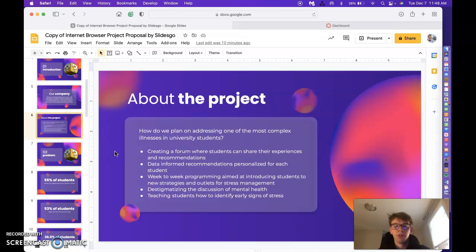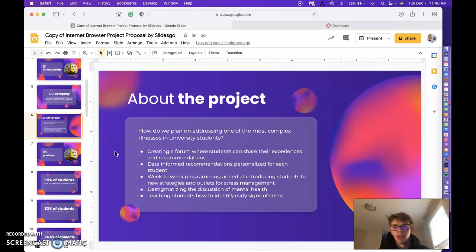So how we plan on addressing one of the most complex illnesses in university students and basically the entire US population is by creating a forum where students can share their experiences and recommendations, data-informed recommendations personalized for each student, so creating a user profile and basing our stress relief recommendations off of those, week-to-week programming aimed at introducing students to new strategies and outlets for stress management, getting them in the Miami community, introducing them to more people who struggle with their same issues, and letting them know that they're not alone.